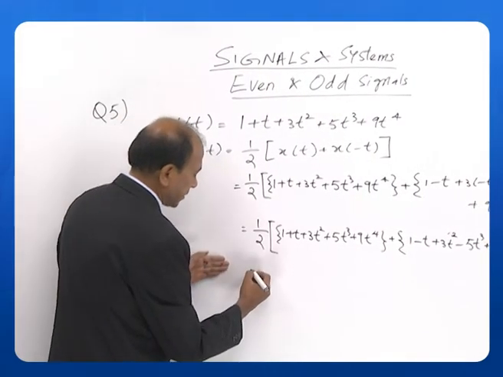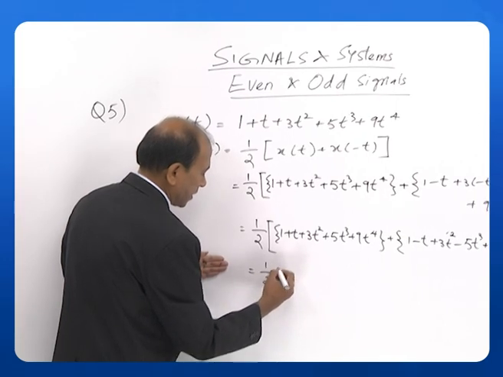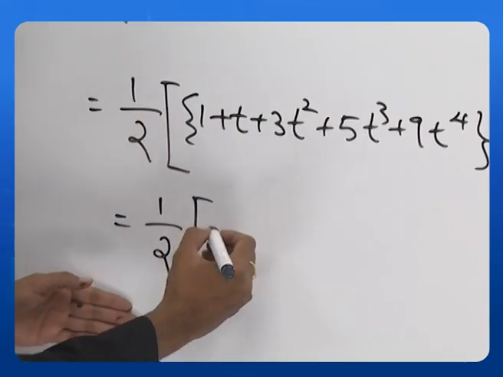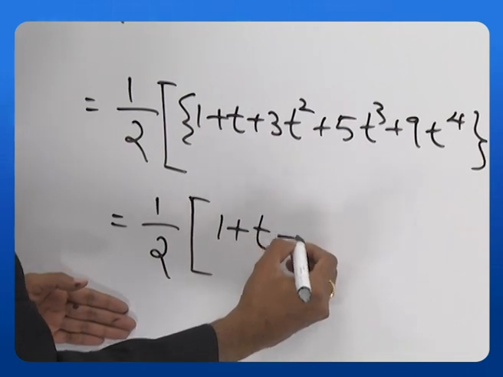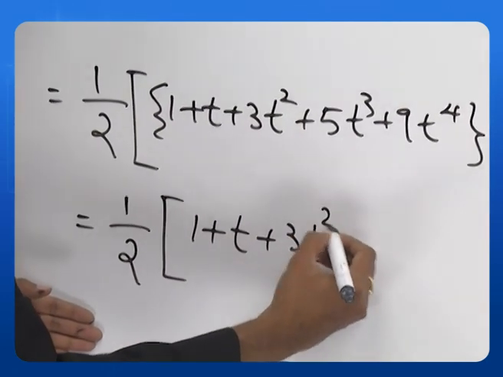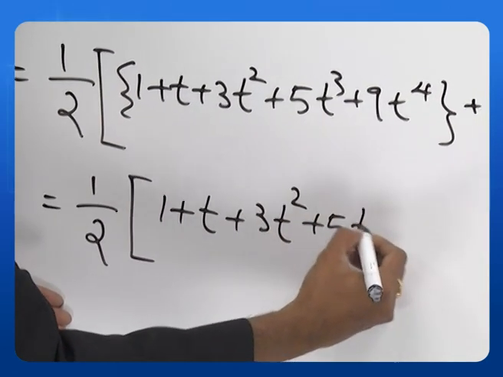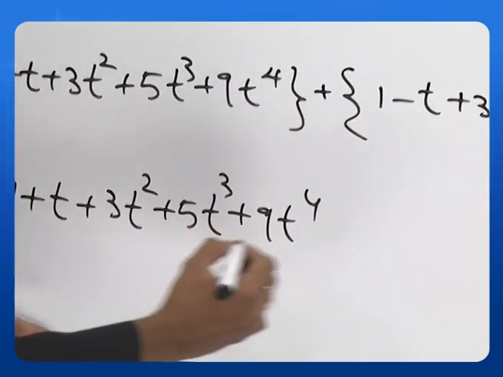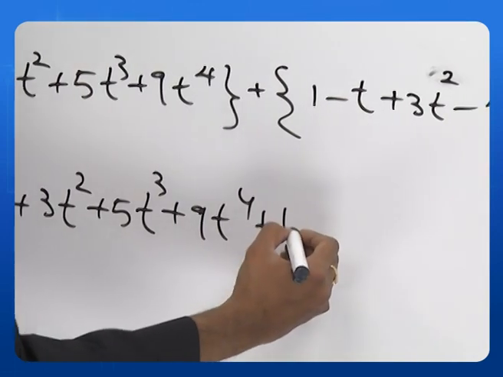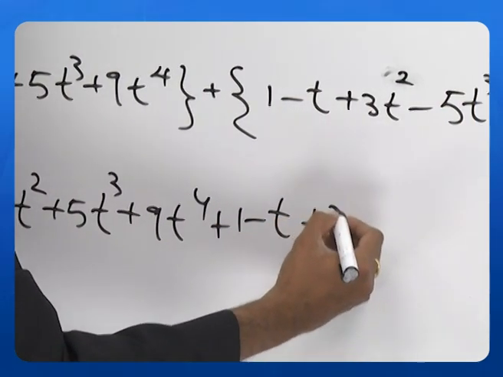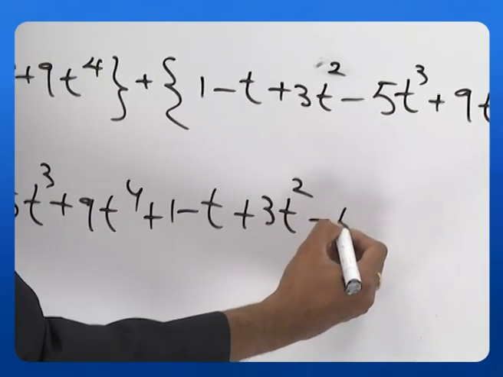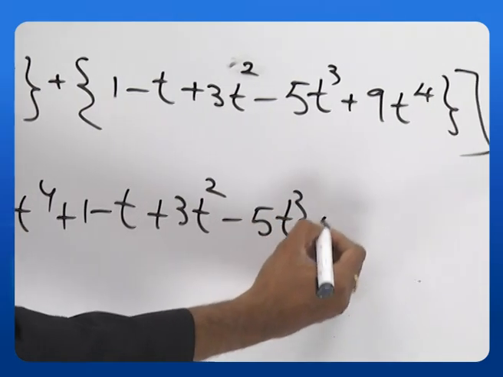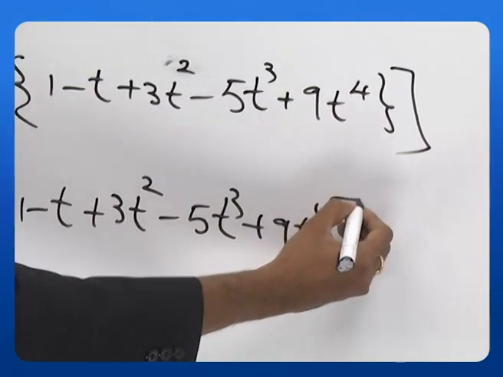I will get half of 1 plus t plus 3t square plus 5t cube plus 9t to the power 4, plus 1 minus t plus 3t square minus 5t cube plus 9t to the power of 4.